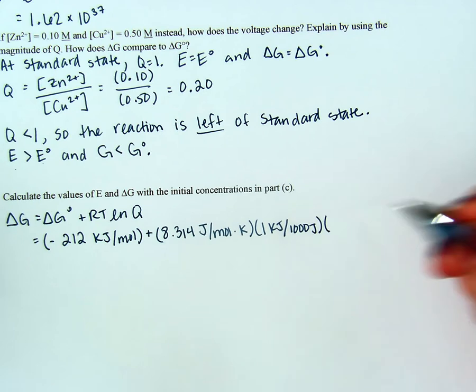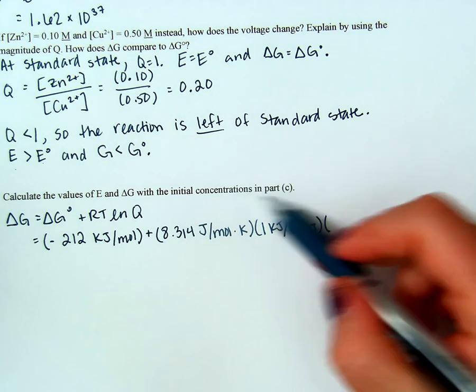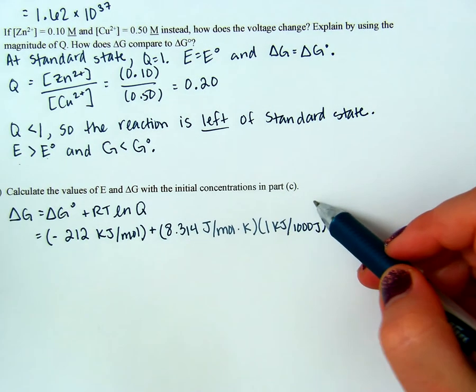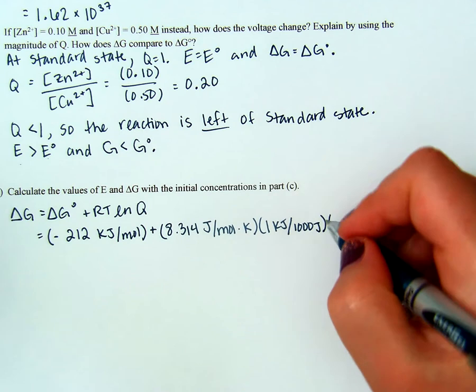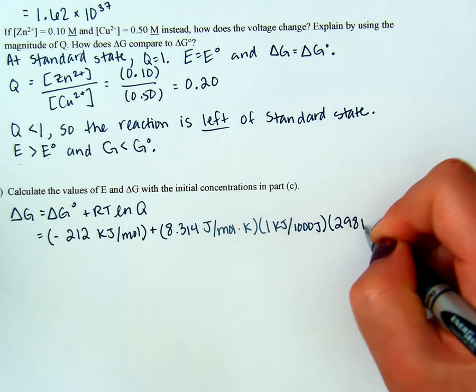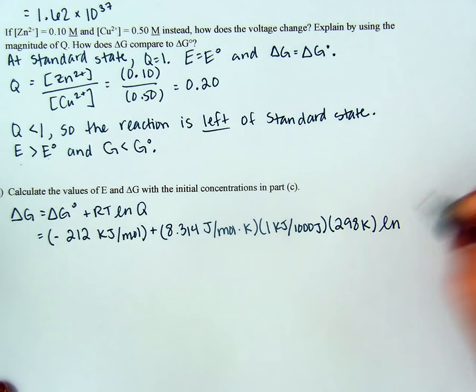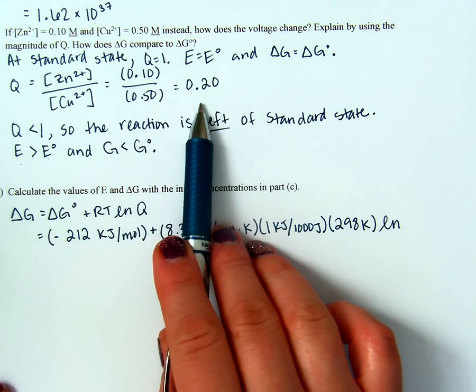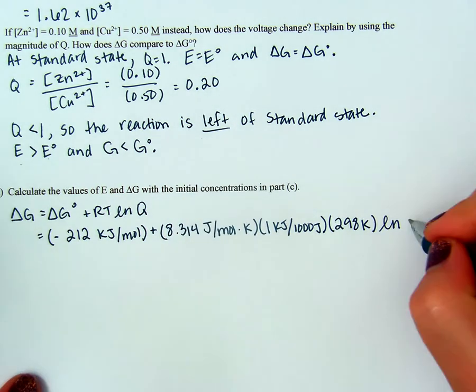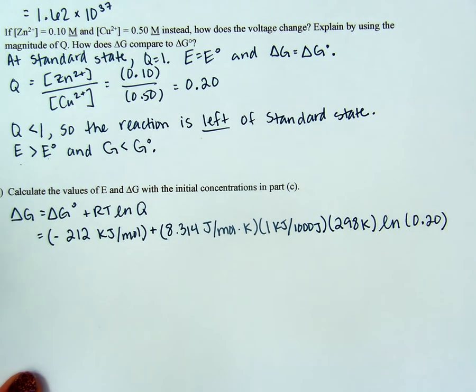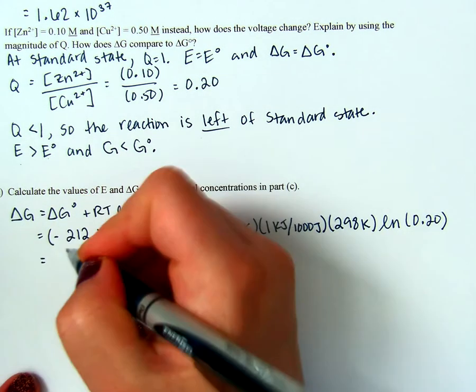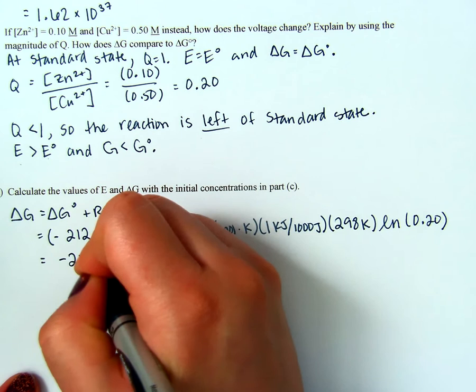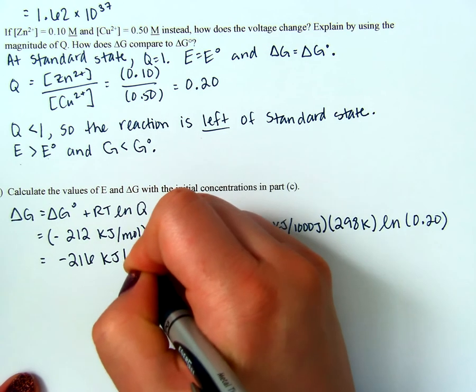RT, of course, in Kelvin temperatures, we didn't see any change in temperature given here, so we're still going to assume 25 degrees Celsius, unless told otherwise, which is 298 Kelvin, times the natural log of Q, and we figured out what Q was already up here at these same conditions, so ln 0.20. Okay, plugging all of this in, we get negative 216 kilojoules per mole.